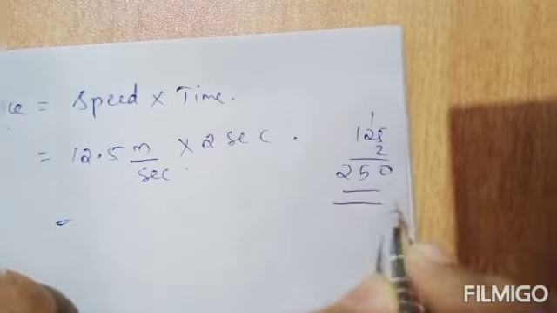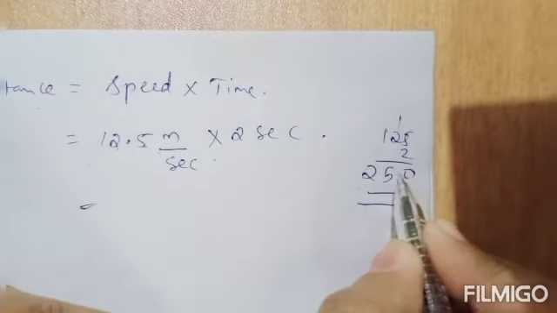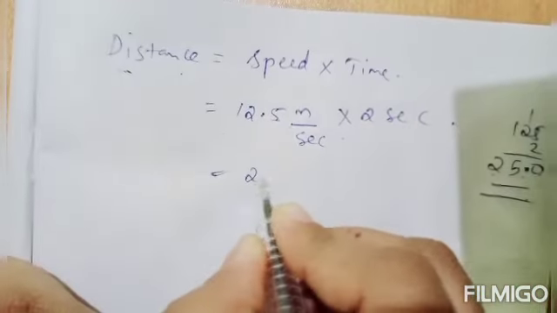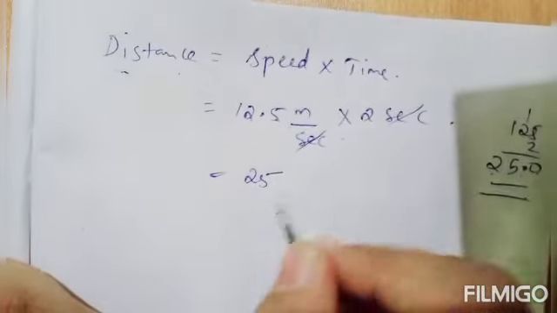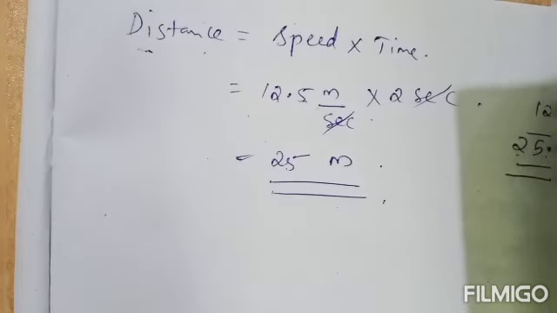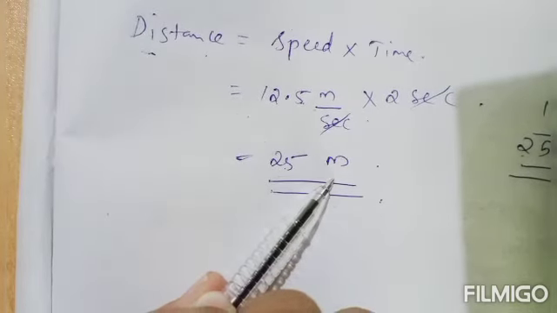It is 250. Now after decimal point 1 digit is coming. So here also after decimal point 1 digit should come. So you got 25. Second we can cancel, 25 meter. Okay, so in 2 seconds it will travel 25 meter if the speed is 45 kilometer per hour.